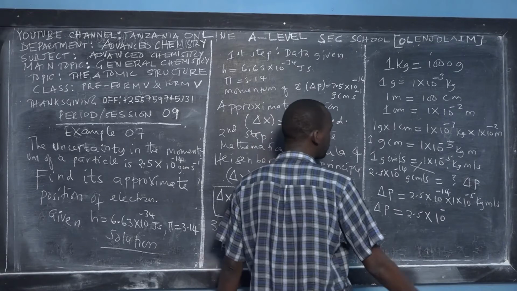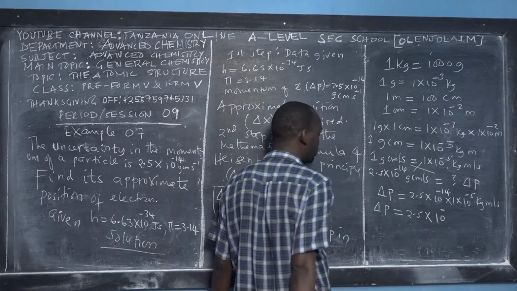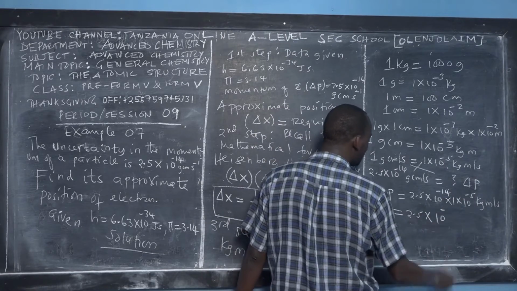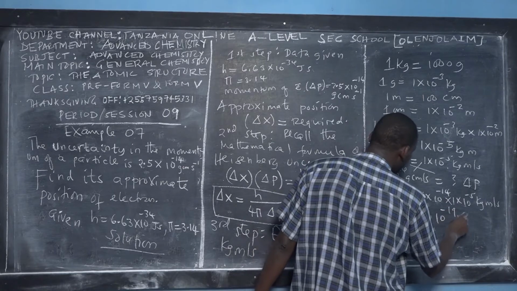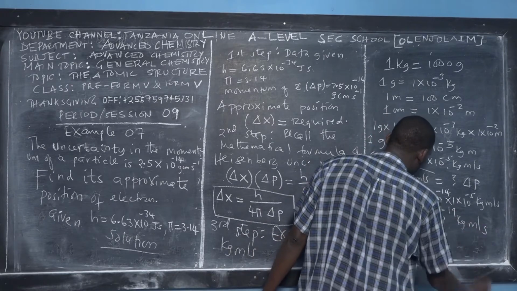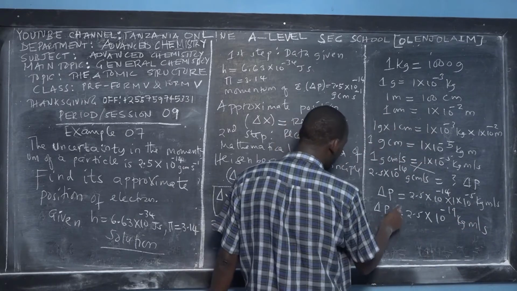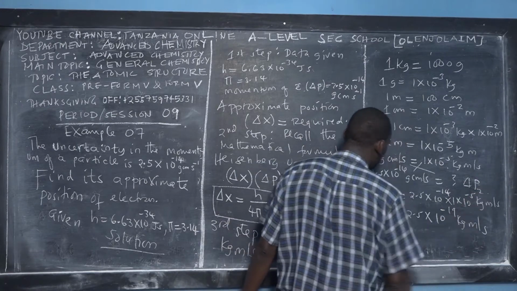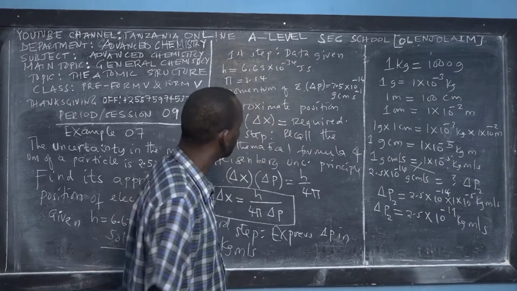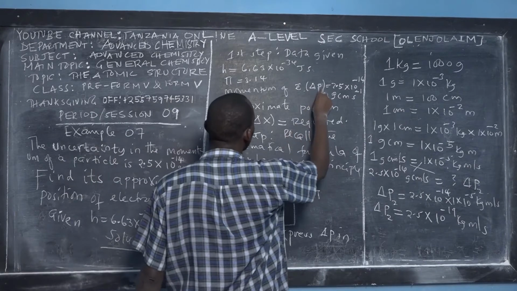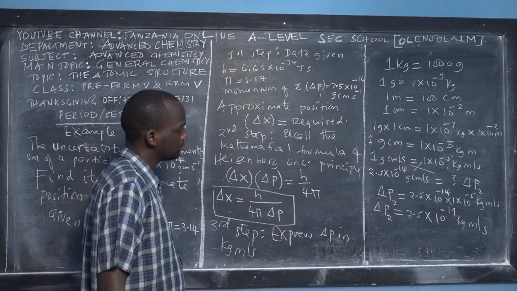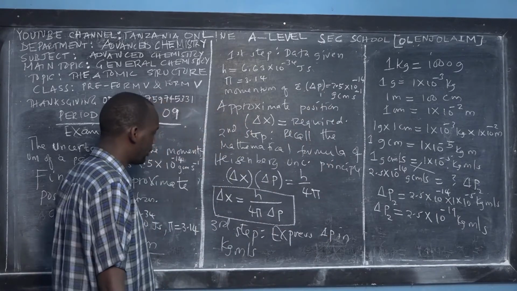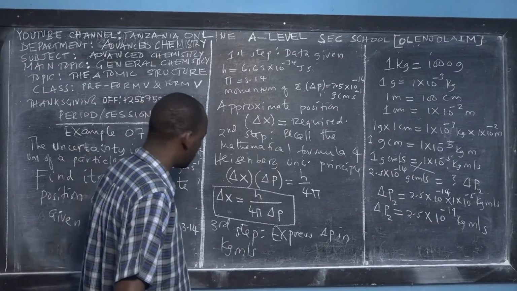Because if you multiply exponents of the same base, we add the exponents, or we add the indices. So the indices there will be negative 19, kilogram meter per second. So this now is the new momentum. We can even call it delta P2. Right? So this was our first momentum, which is delta P1.